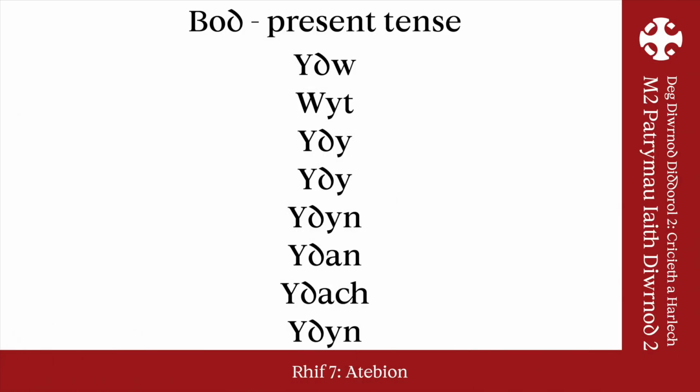For example, wyt ti'n dysgu Cymraeg? Ydw, dwi'n dysgu Cymraeg. Nac ydw, dwi ddim yn dysgu Cymraeg. Remember that a second-person question elicits a first-person answer, and that a first-person question elicits a second-person answer.